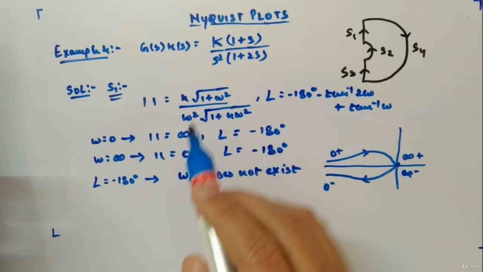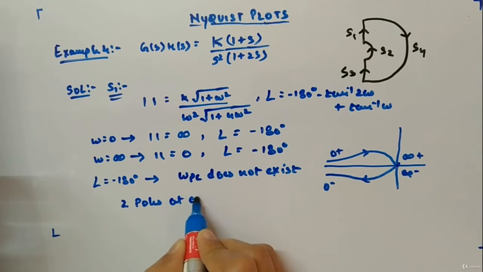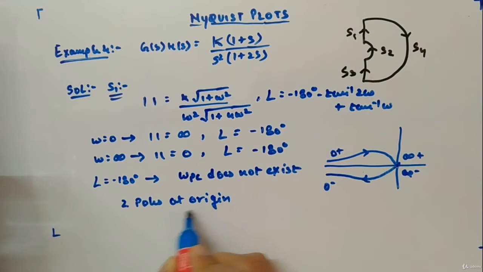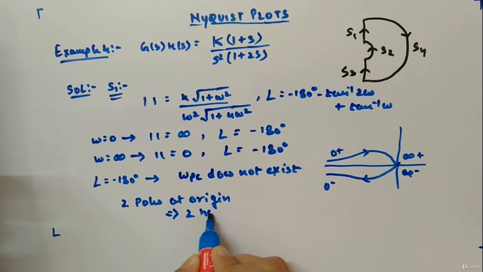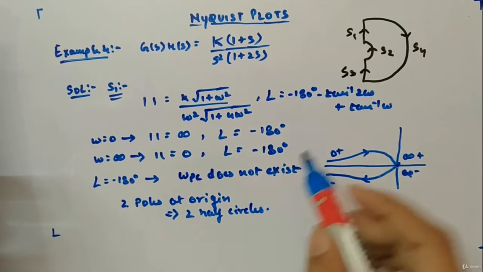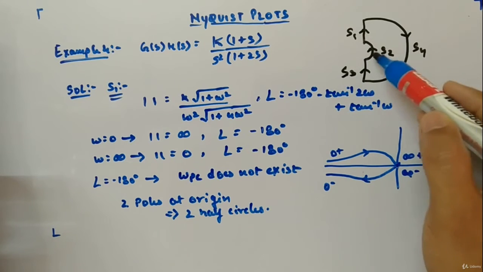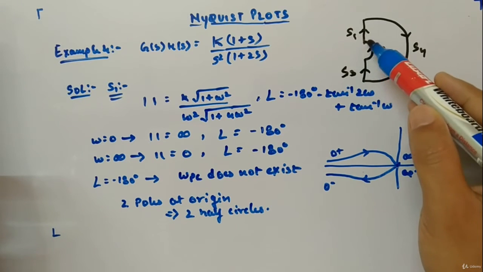Now there are two poles at the origin, which means two half circles, and you can see our contour in the S2 region is going from minus 90 to plus 90.